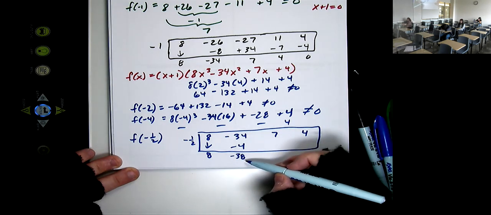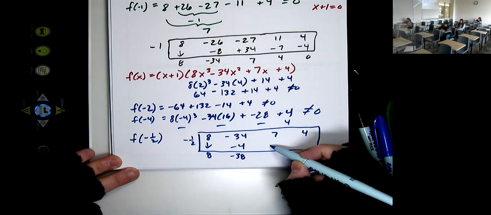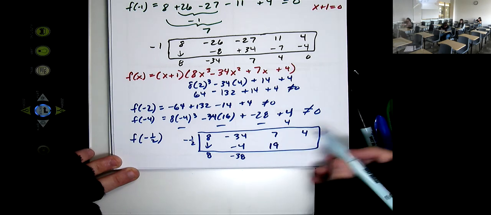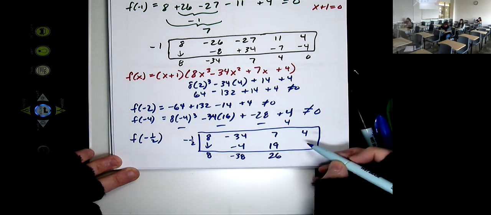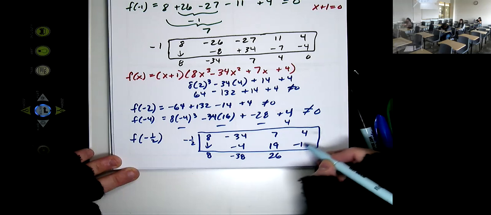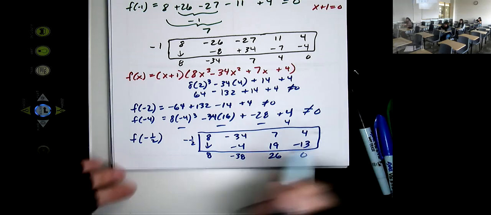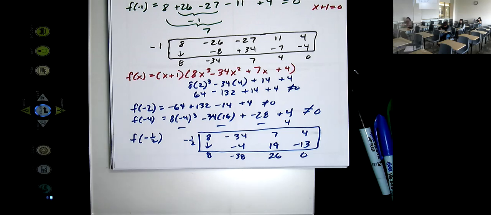Half of 38 is 19. And it's -13, so that's not a 0 either. Which means it's got to be -1/4.